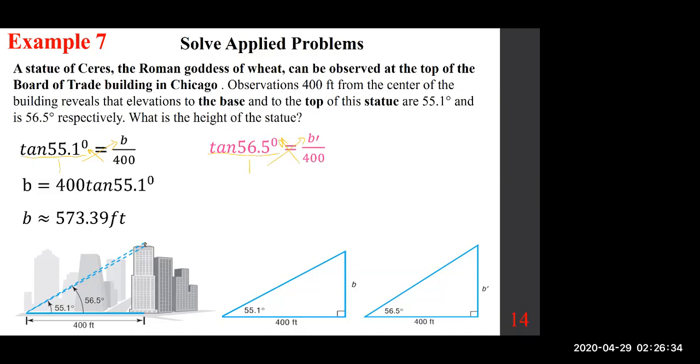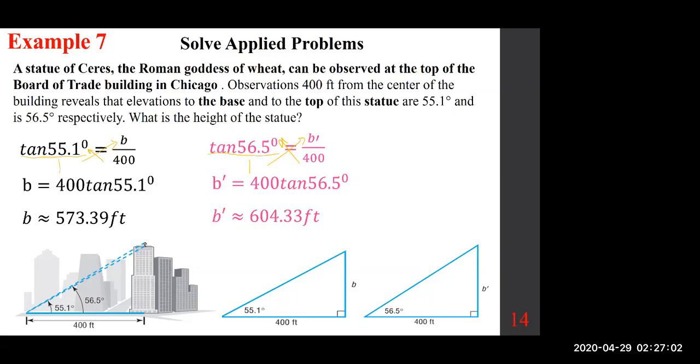So the case gives you 400 times tan of 56.5 degrees. A rough estimate, with a bunch of decimals, gives you 604.33 feet. So that is the height, in essence, of the building plus the height of the statue.